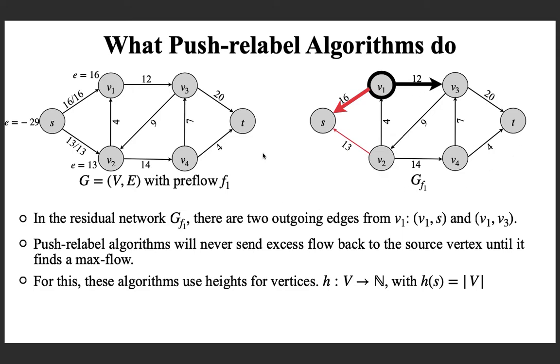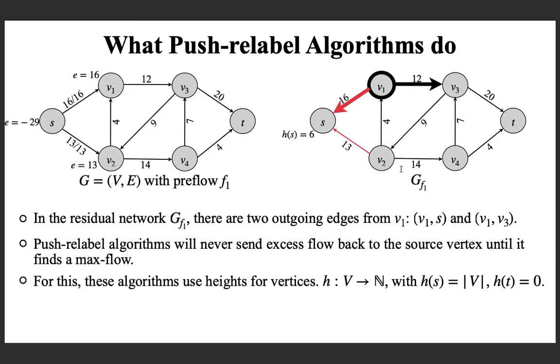Here there are 6, so the height of S must be 6. Later we can see what height will do, and also the height of the sink vertex will be defined as 0.